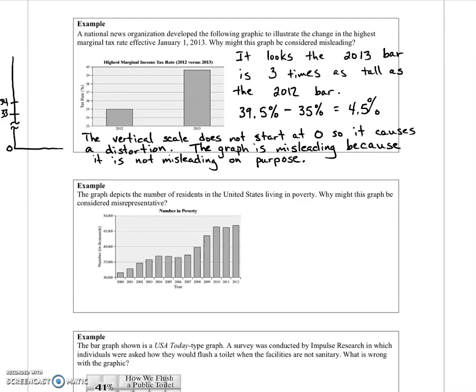So let's look at the second example on this page. This graph depicts the number of residents in the United States living in poverty. So why is this graph misrepresentative?